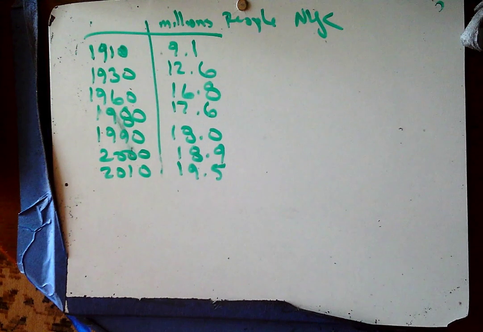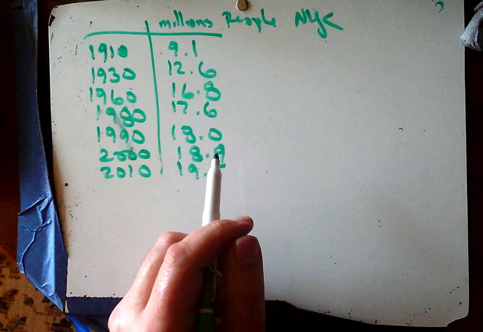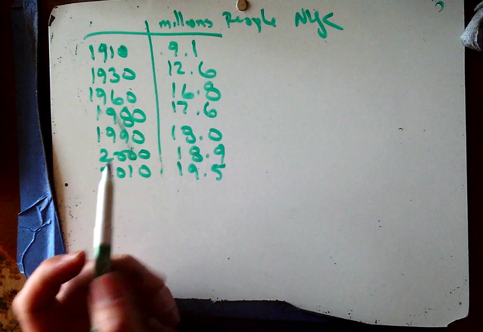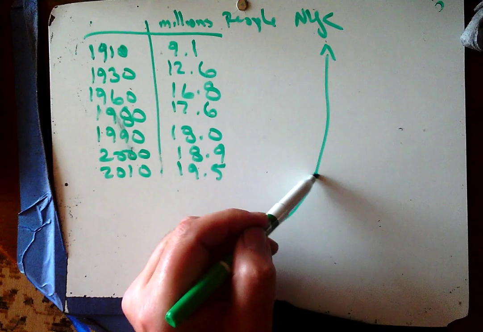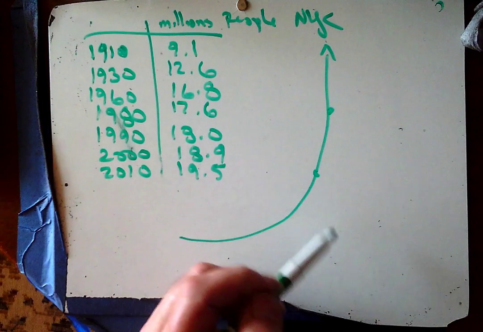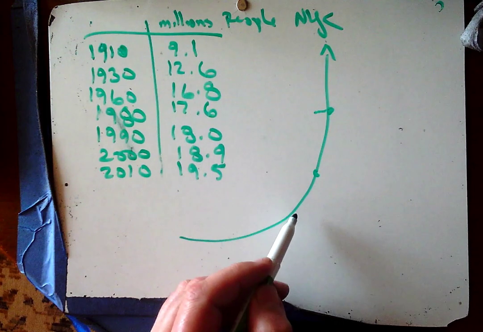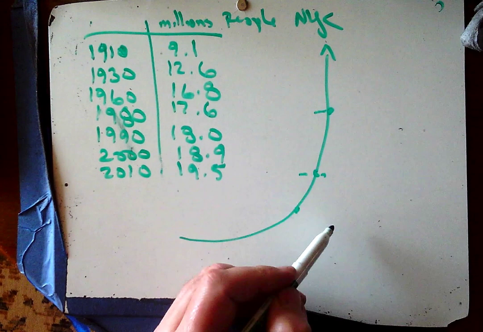So can we build a model for this? Now, I could say, hey, is this exponential growth? Well, notice the change in population from here to here is bigger than the change in population from here to here.